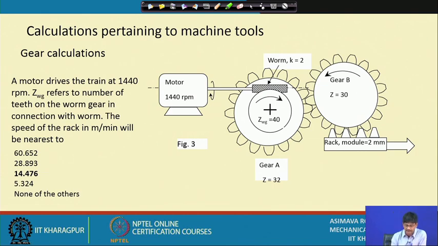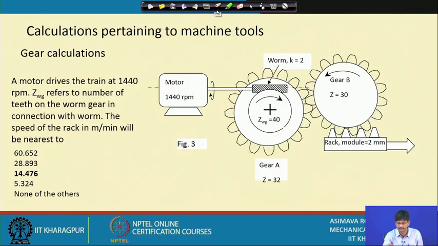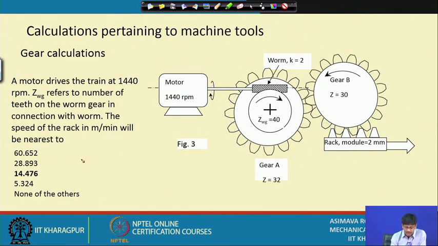So, let us move right away. 1440 rpm is the RPM of the motor. We start from the motor. Next, we come to the worm gear. The worm and worm gear pair changes this RPM as per its speed ratio.